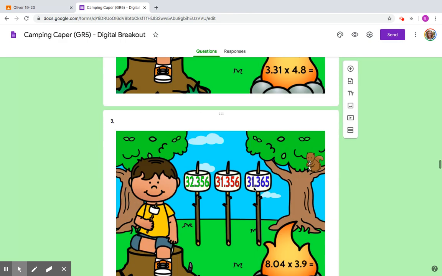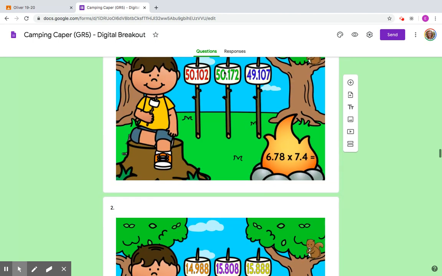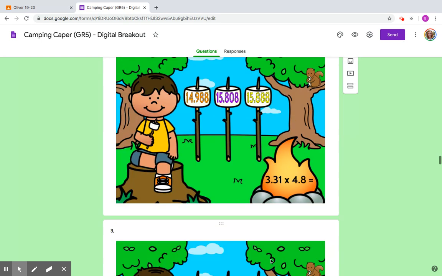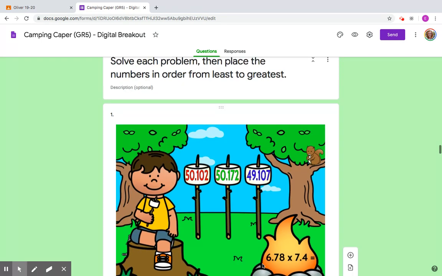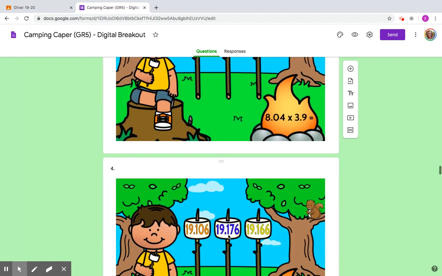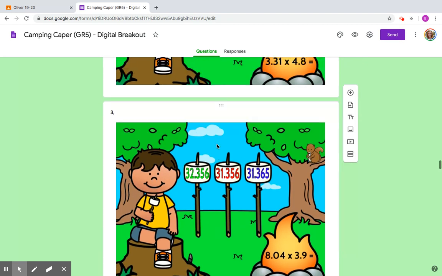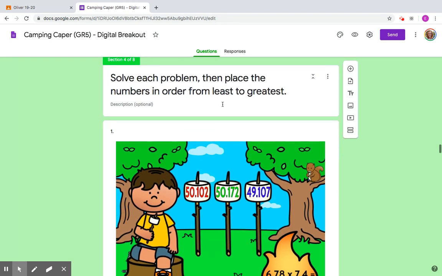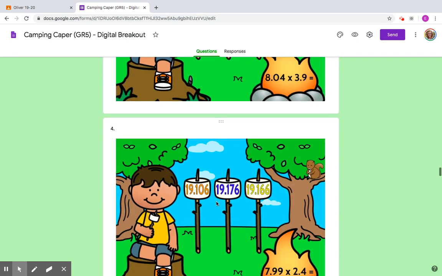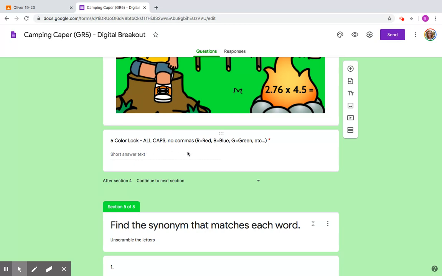And then it's going to be the 31. And then the 50. So my answer is going to be R, B, G. So you have quite a few steps in this part right here. Remember, multiply first, then order all of your answers least to greatest, and then keep in mind their color and write their colors down in that sequence.